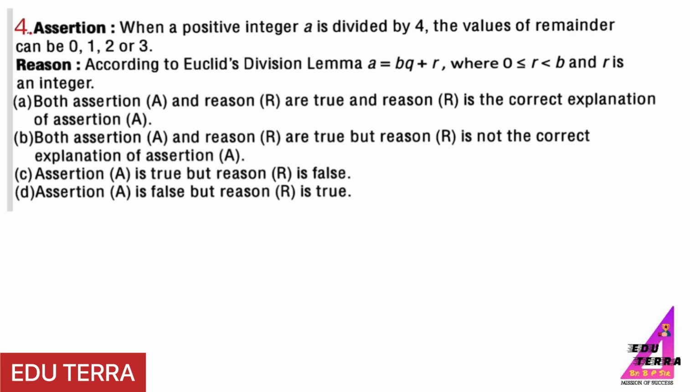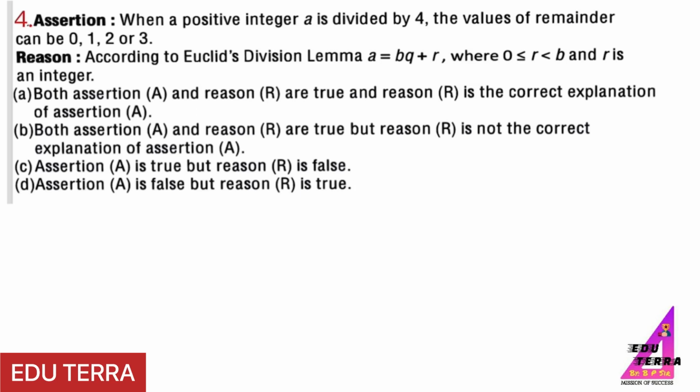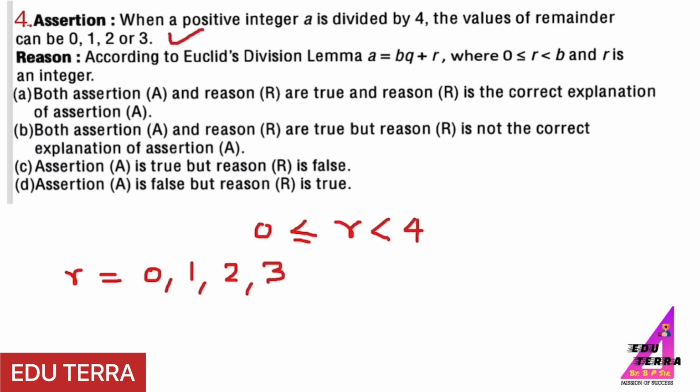So when you will divide by 4, the remainder will always be less than b. It means r is always less than 4 and greater or equal to 0. We are getting r equals to 0, 1, 2 and 3. So assertion is true and reason is also true. We will take option number A.